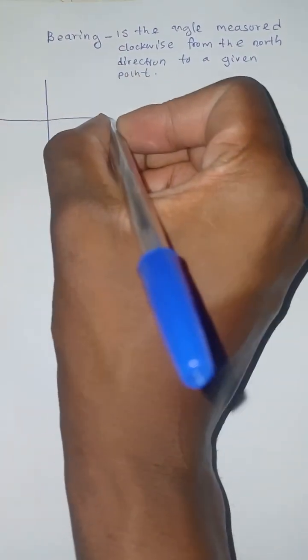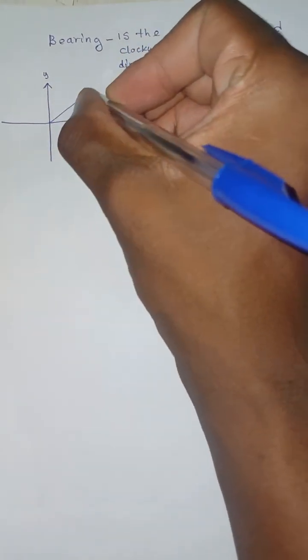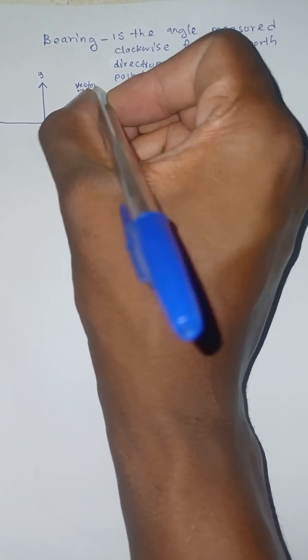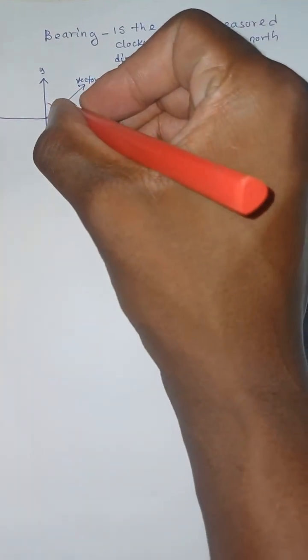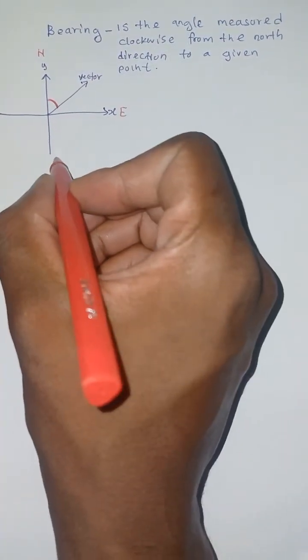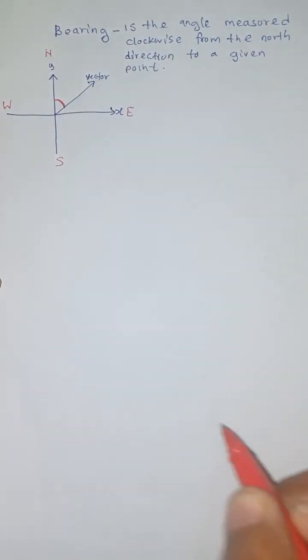And if we look at this, if this is my Cartesian plane and I have a vector, therefore this angle here from the north, this is north, east, right, and this is south, and this is west.